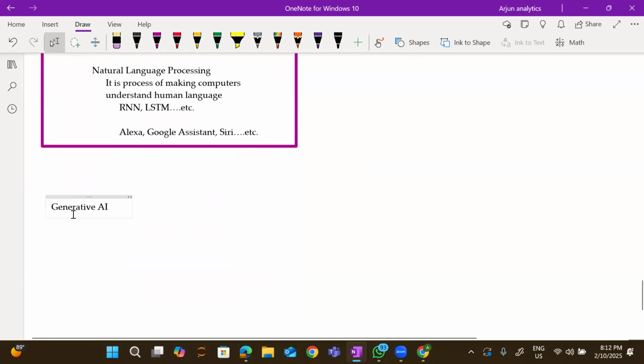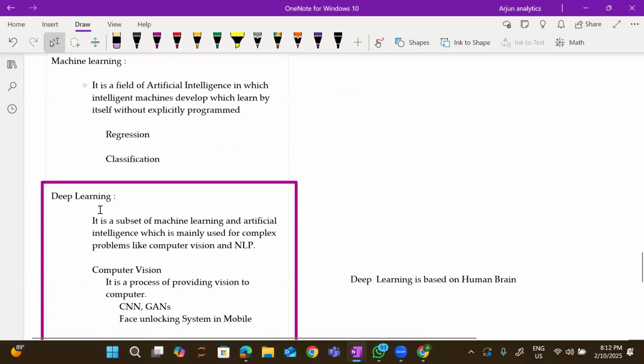Now, in machine learning and deep learning, you give the data, it learns from the data, and it starts giving you answers accordingly.